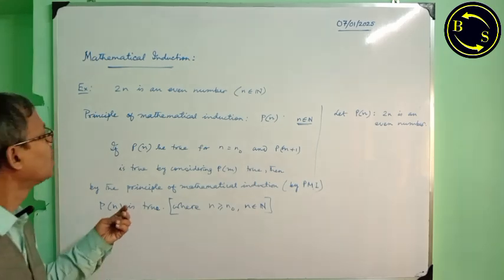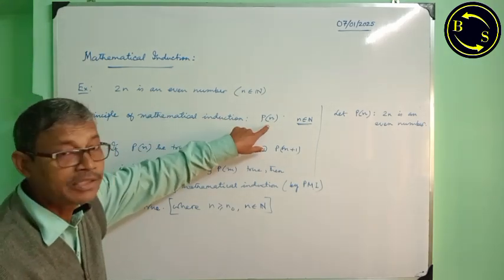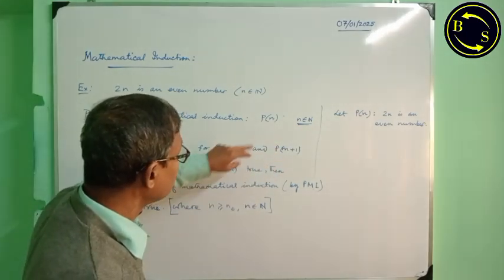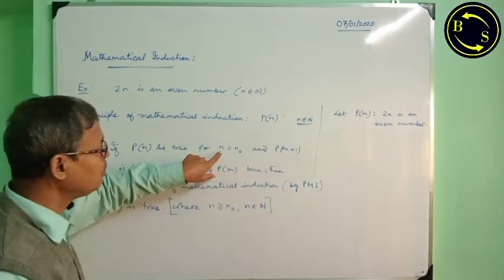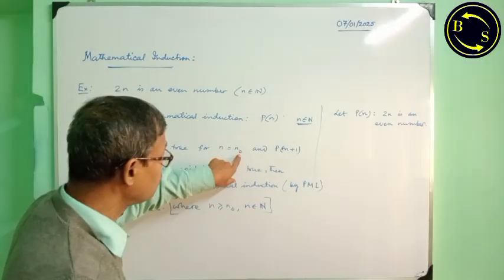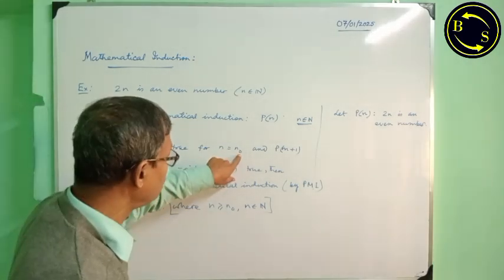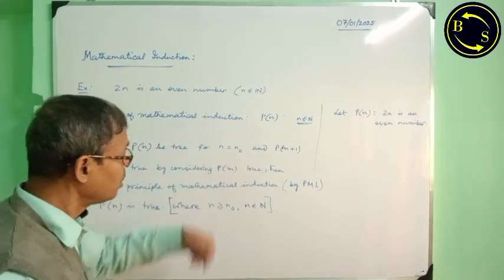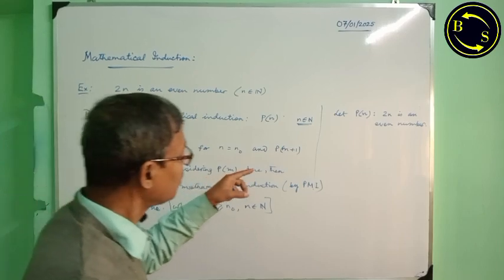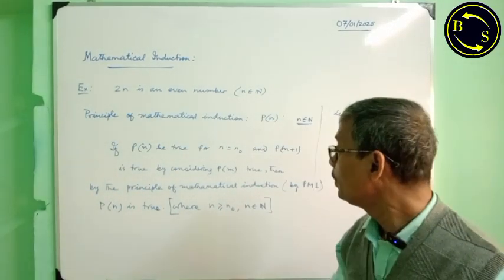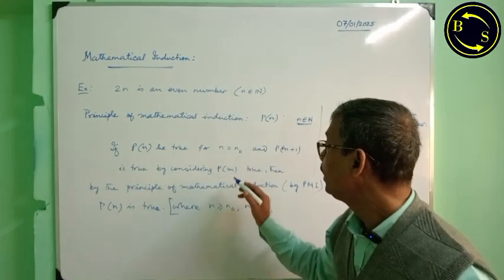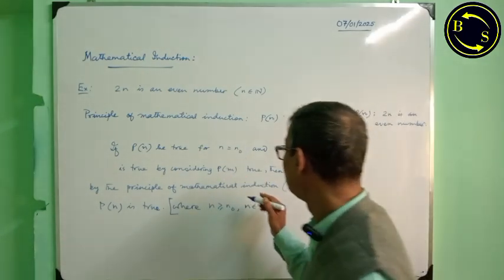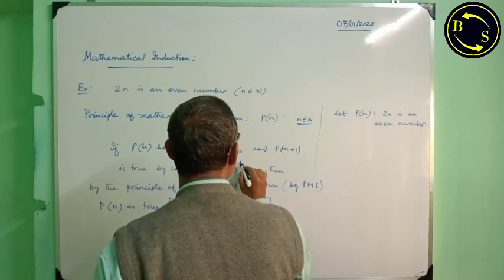Follow that. The mathematical statement is Pn where n is a natural number, and this is true for the least value n naught, that is also a positive integer or natural number. Then first of all we verify this one, then we consider Pm to be true, where m is any natural number greater than n naught.